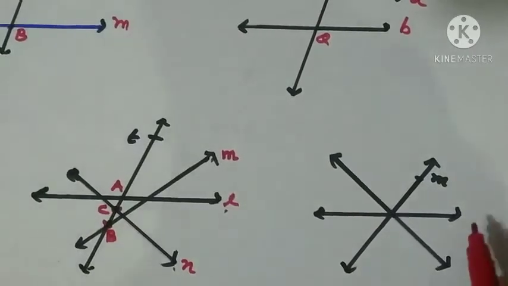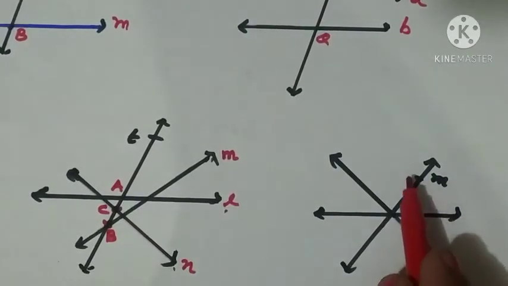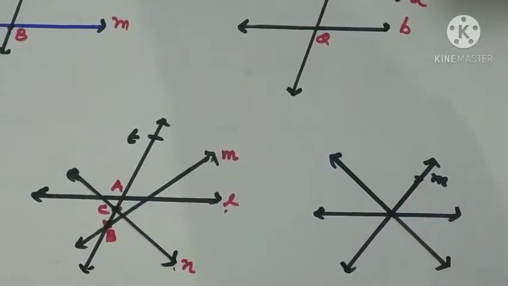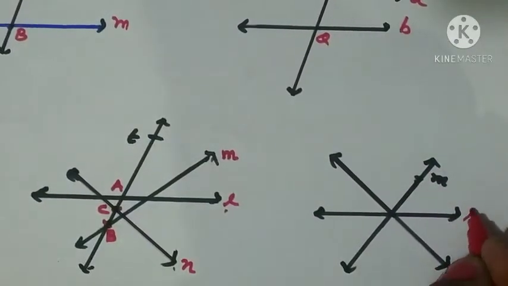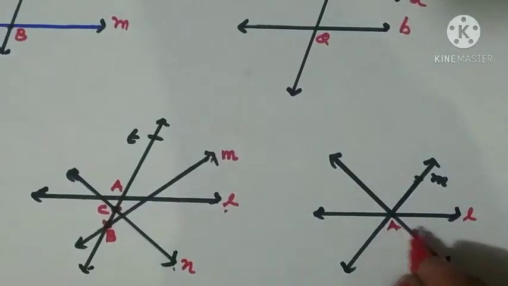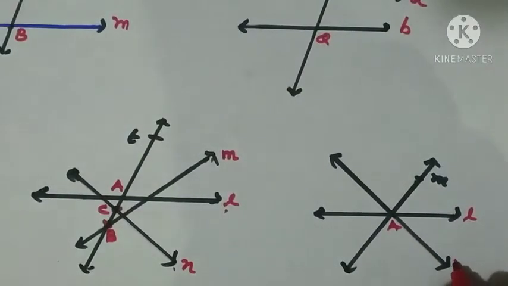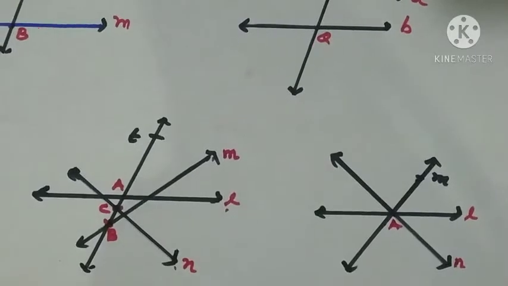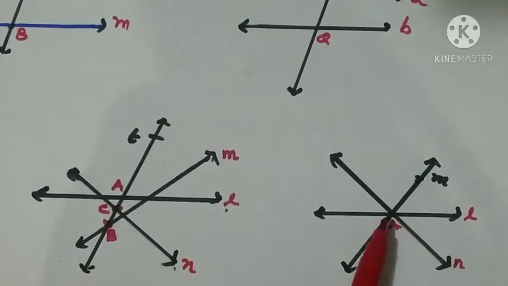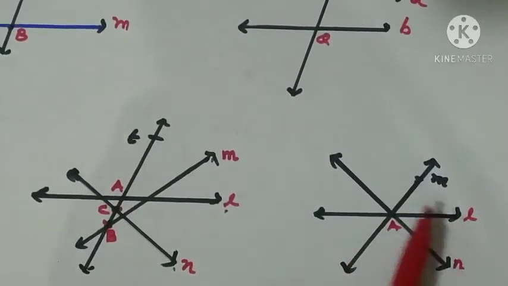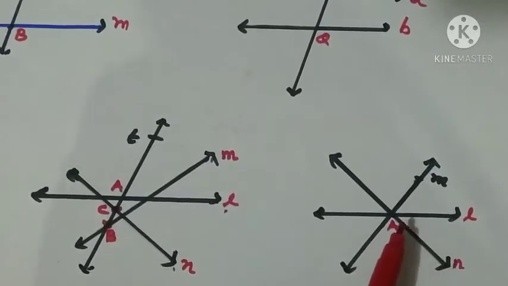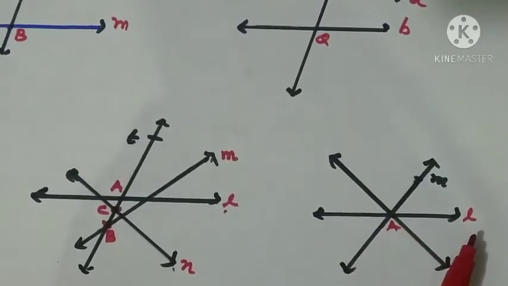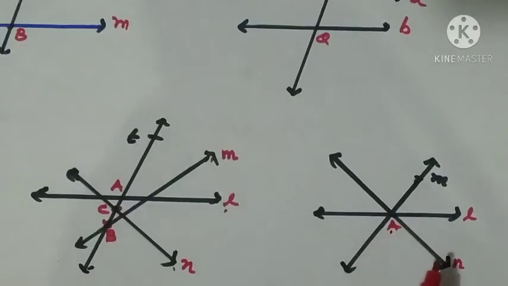Now what is the different case here? If I take a line M, whether M is a transversal or not: M is intersecting L at A only. M is intersecting N at A only, right? So these three lines are intersecting at A. These are not called a transversal. So M is not called a transversal. One common point is there, not intersecting at different points. It is intersecting L and N at the same point only.